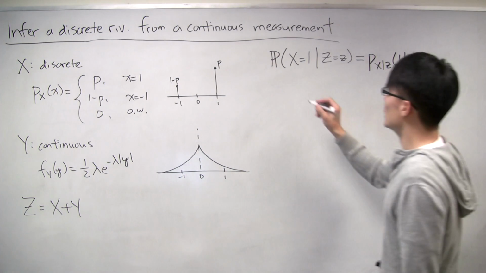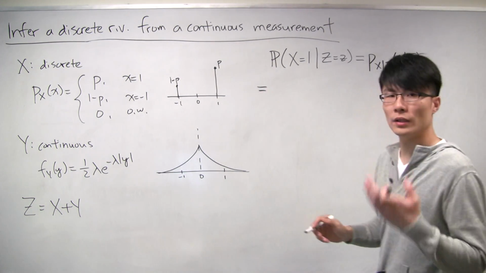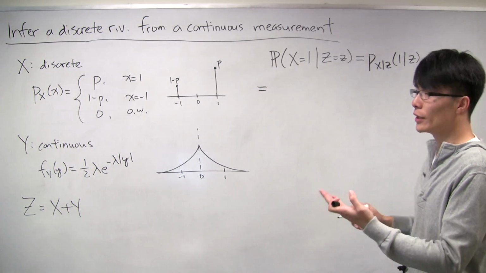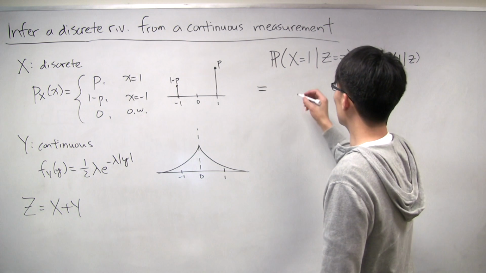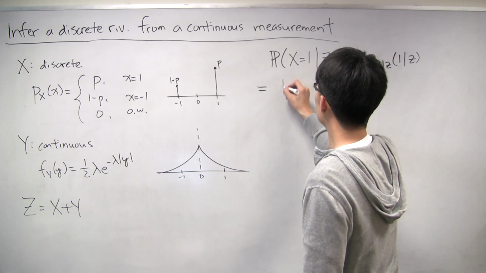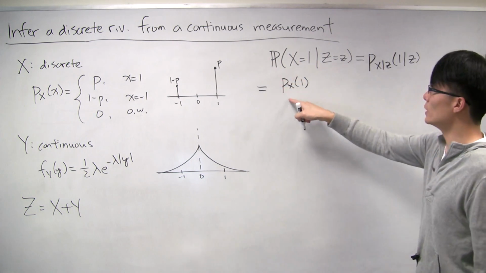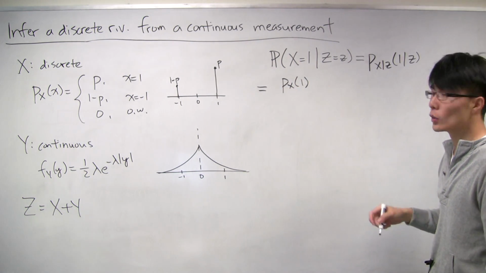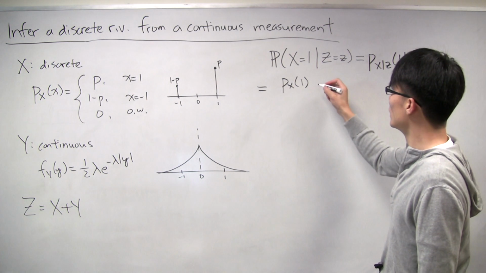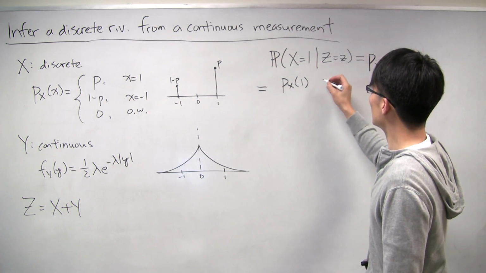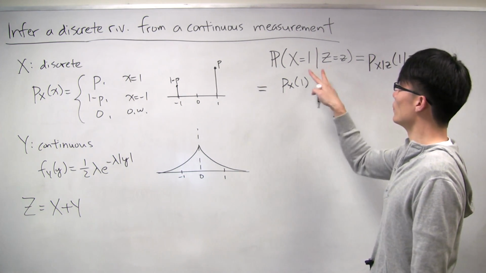All right, so now let's apply the correct variation of Bayes' rule. So remember, it's going to be the probability that x equals 1, or the PMF of x evaluated at 1, times the, you flip this conditioning.